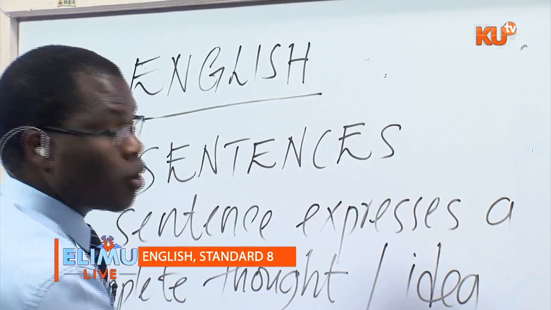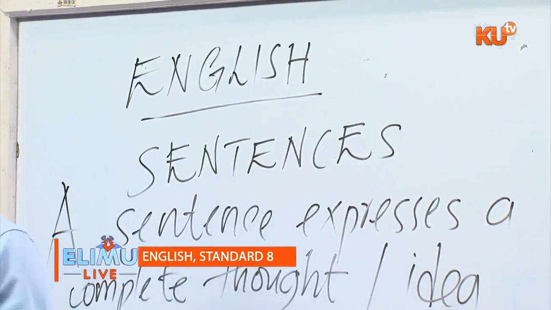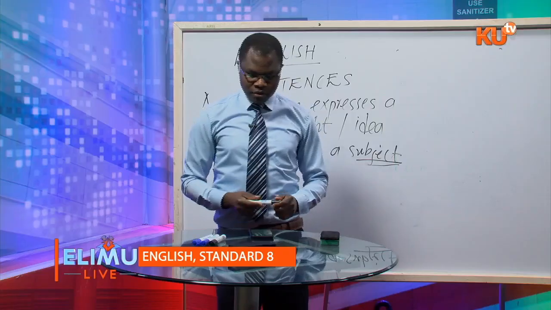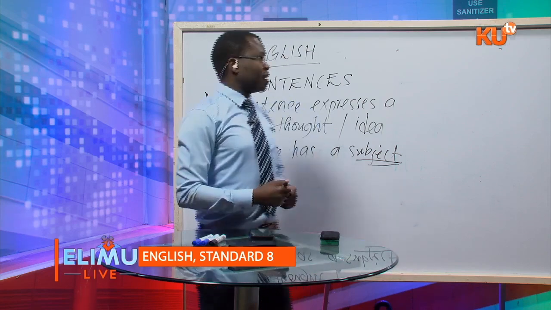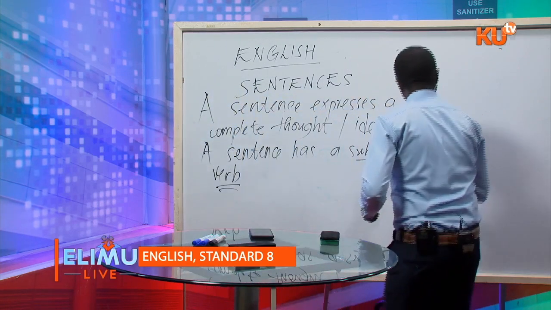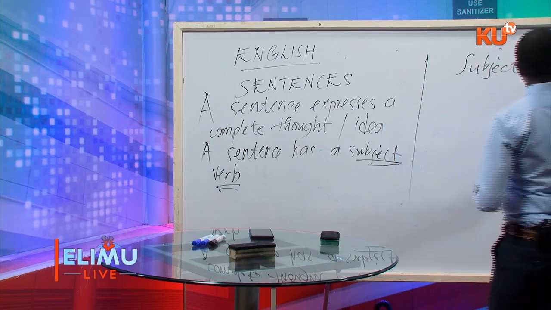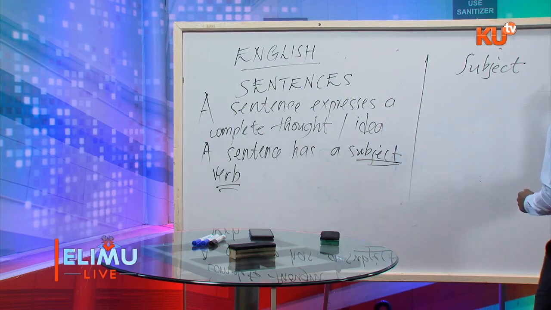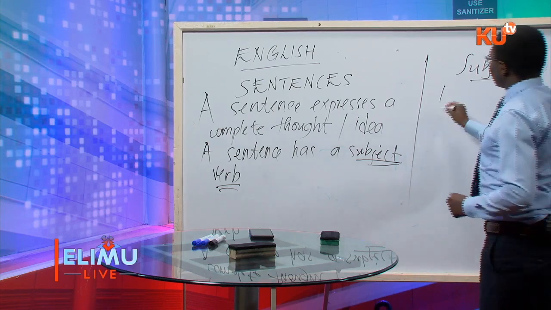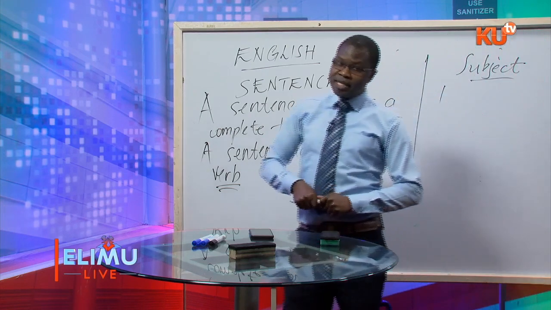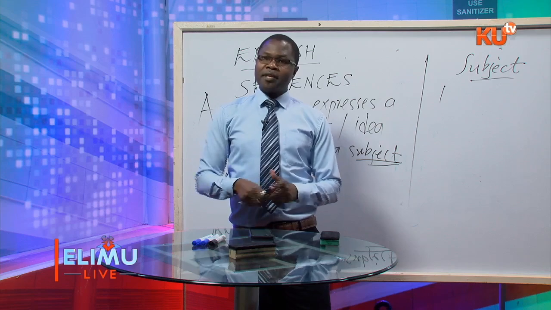These are the two components of a sentence to make it a complete thought. For example, you will have the subject, then the verb on the other end. I'm just using very simple sentences here to bring the idea home.